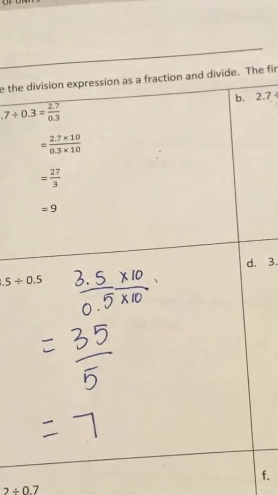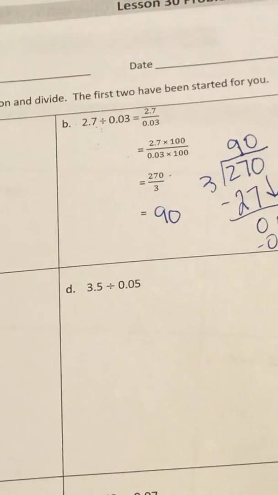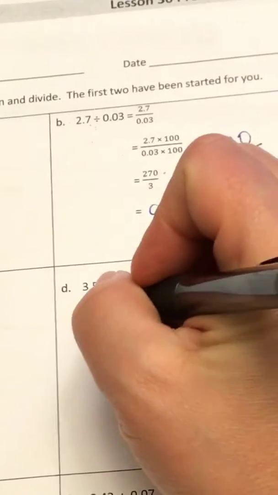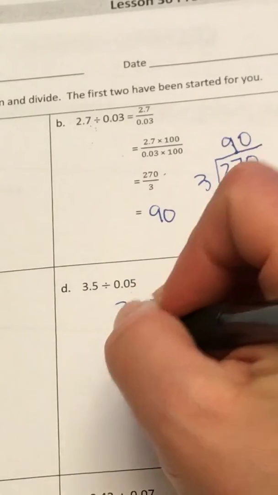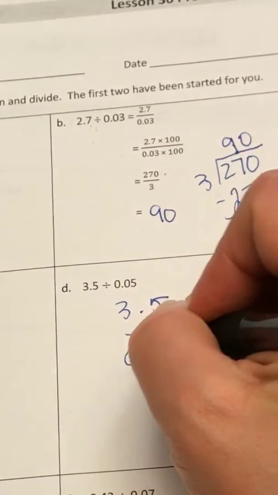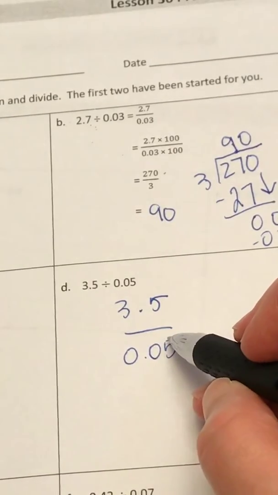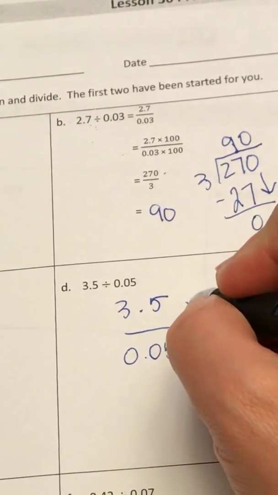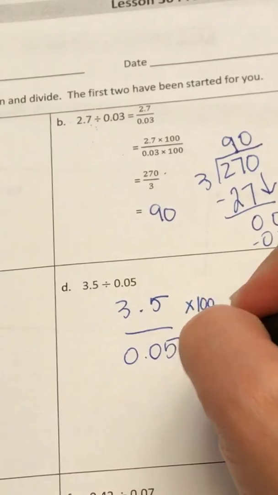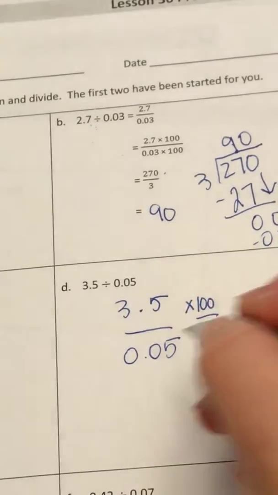Here we're working with the same numbers, but it's just like the one above. So I have a tenths place as the numerator, but my denominator is actually in the hundredths place. So that means I have to multiply both the top and bottom by 100.